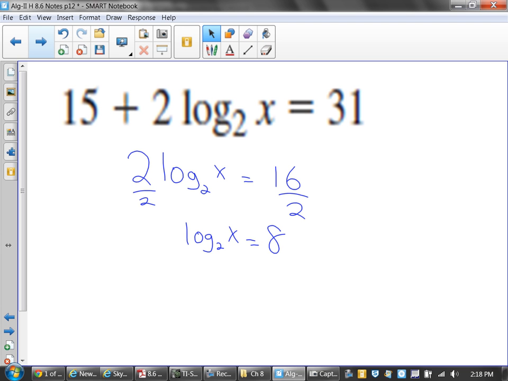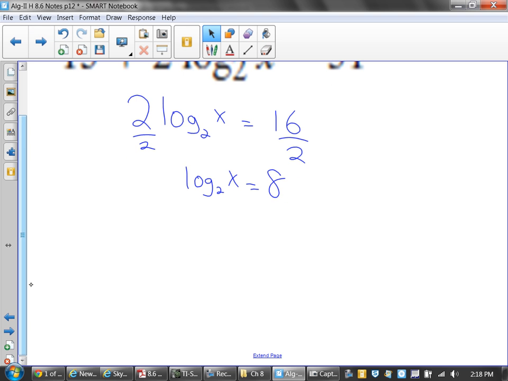Now, in order for us to get rid of that log base 2, what is the exponent I have to put below it? 2. So I have to exponentiate both sides. So now what is 2 to the 8th power? 256. And that's where you get that.